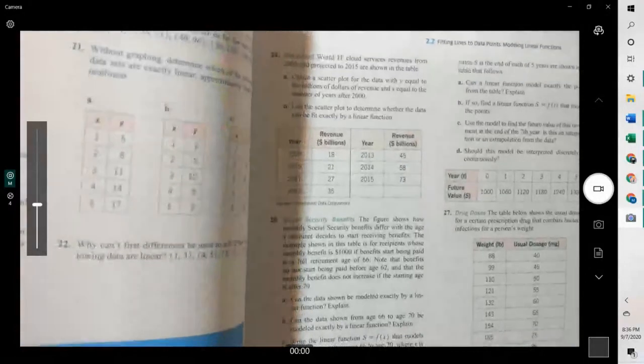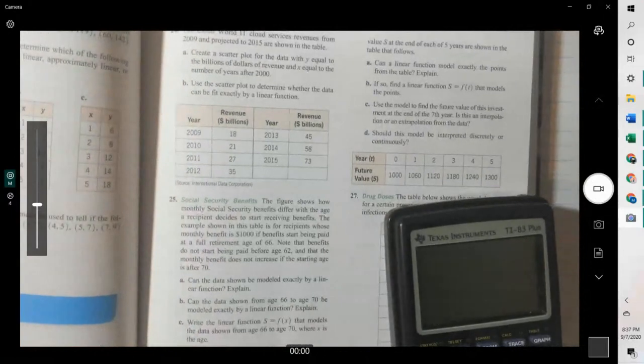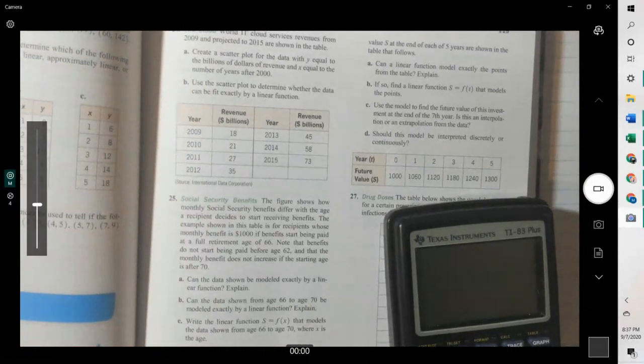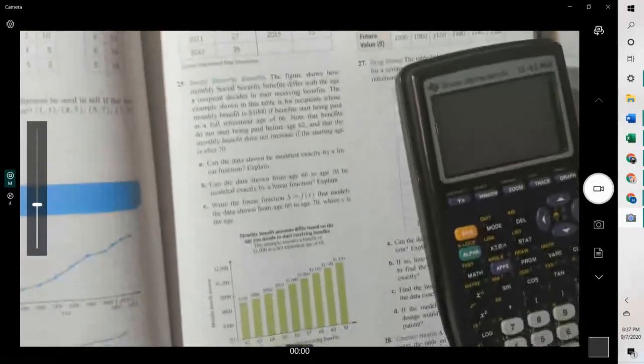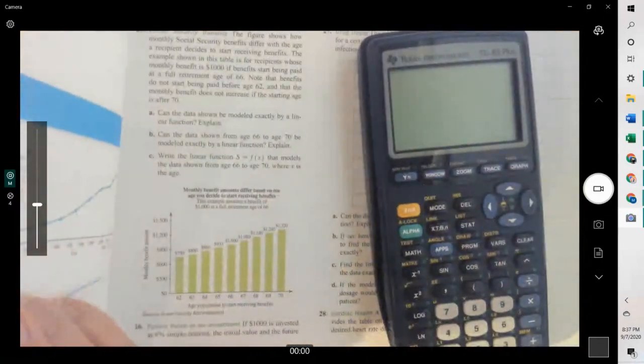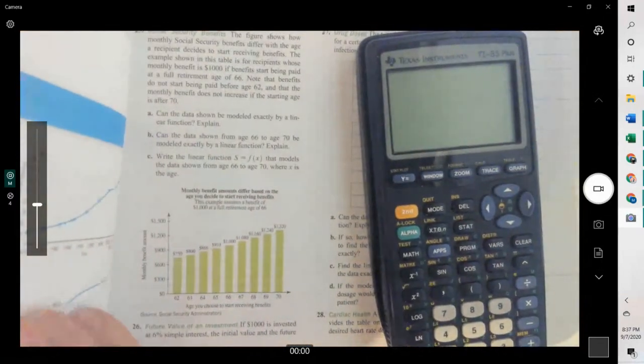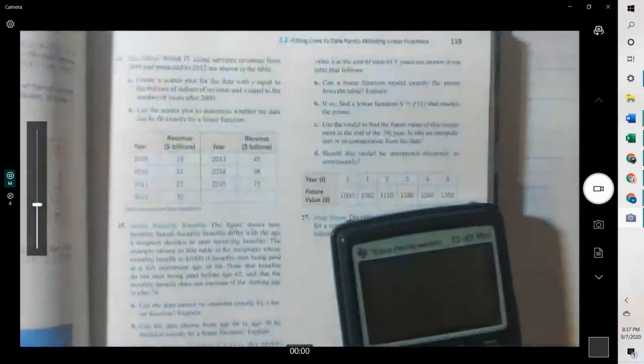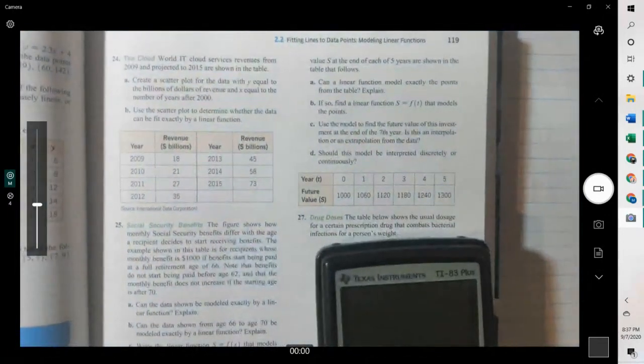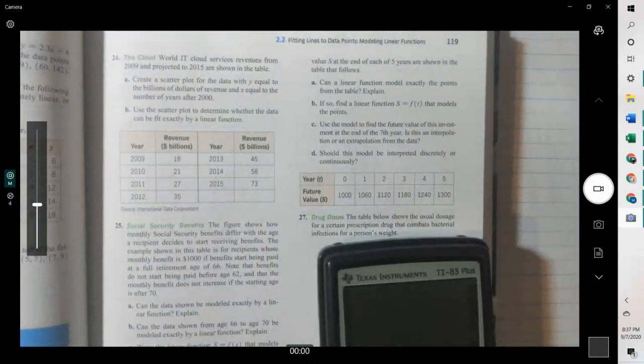Okay, 26. At the bottom it says, if 1,000 is invested at 6% simple interest, the future value S at the end of each of 5 years is shown in the table that follows.